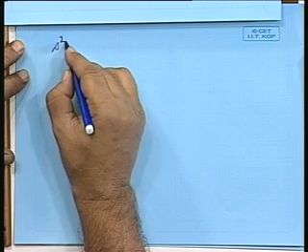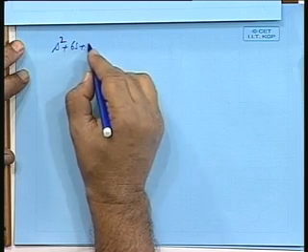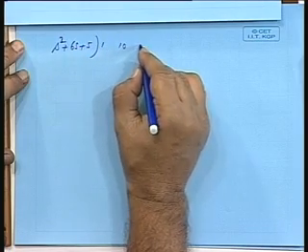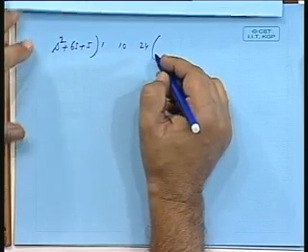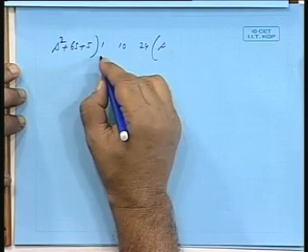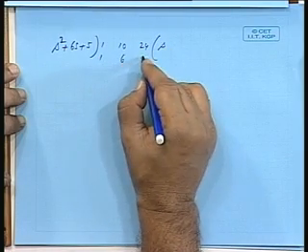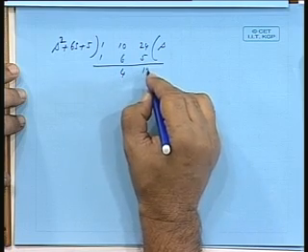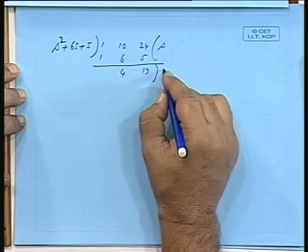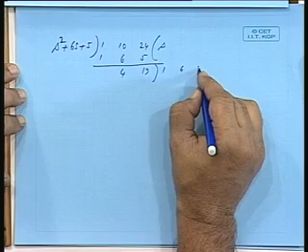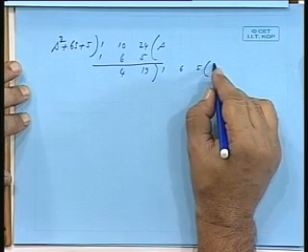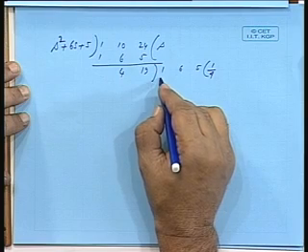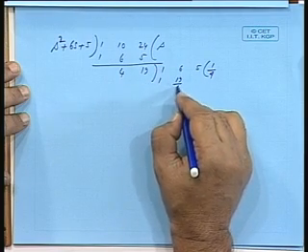s squared plus 6s plus 5, I will write only the coefficients 1, 10, 24. This will be s, 1, 6, 5, 4 and 19. 1, 6, 5. So, 1 by 4, 1, 19 by 4.